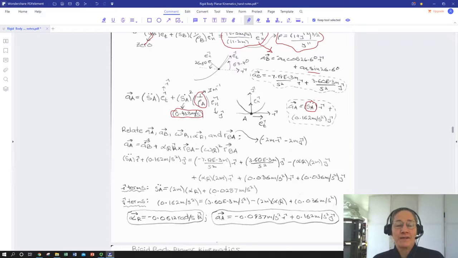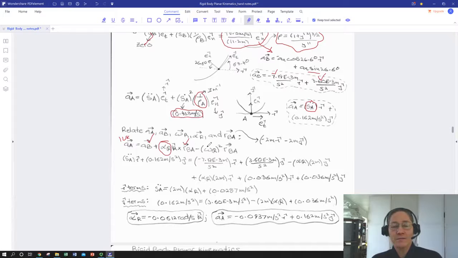We know everything in the acceleration of B because we know both components. We don't know the angular acceleration of the rod relative to the IJ coordinate system, but we do know this. So we know this and we know this. We don't know that. We've got one unknown over here.